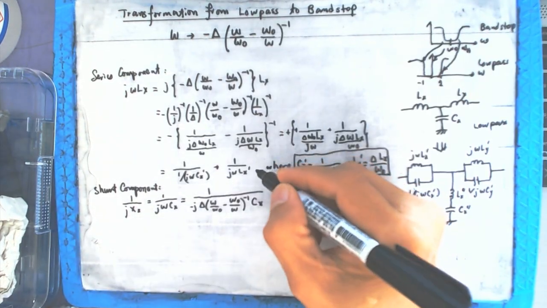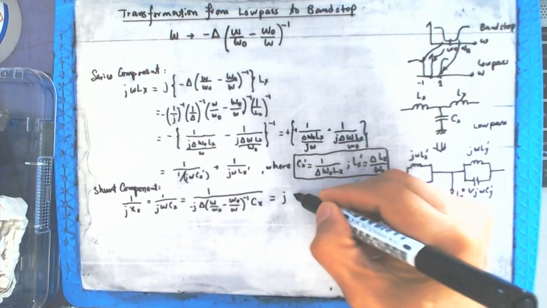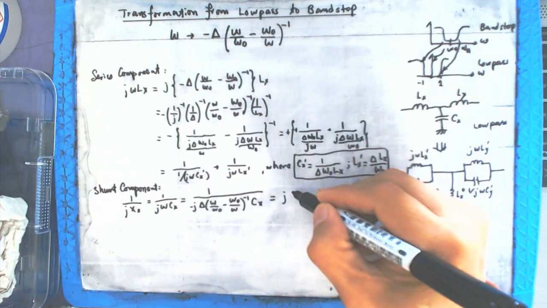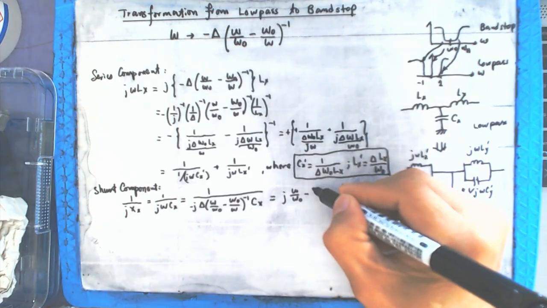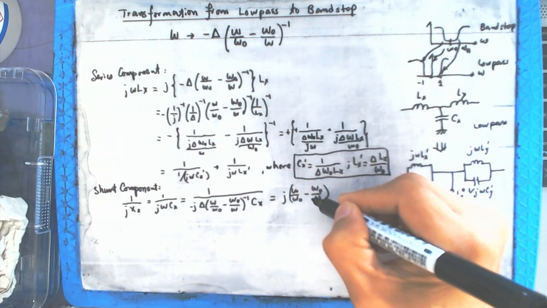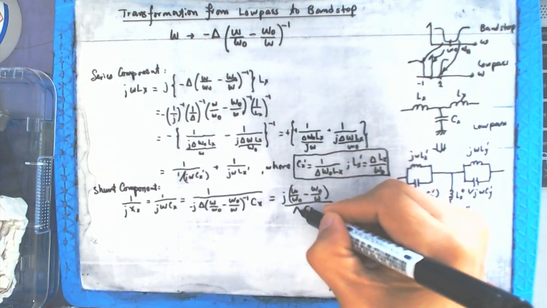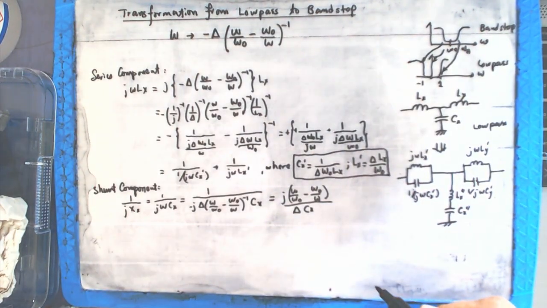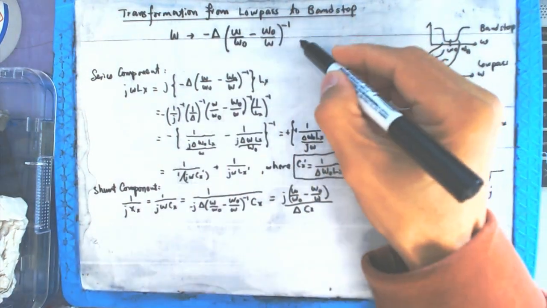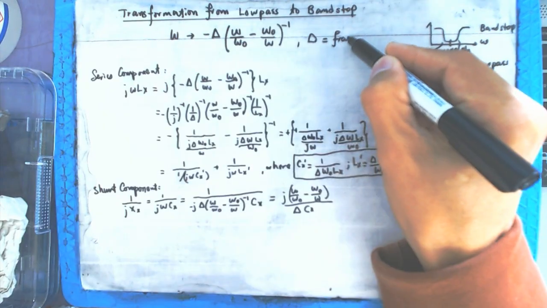So if you do it very carefully, you will get omega over omega naught, omega naught over omega, and then Cx, and then the fractional bandwidth. I need to highlight delta is the fractional bandwidth.